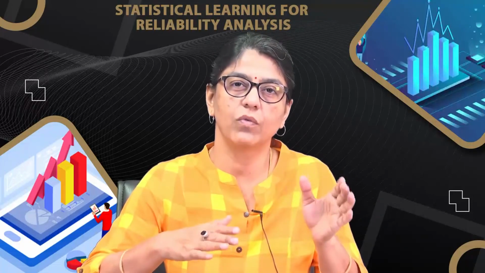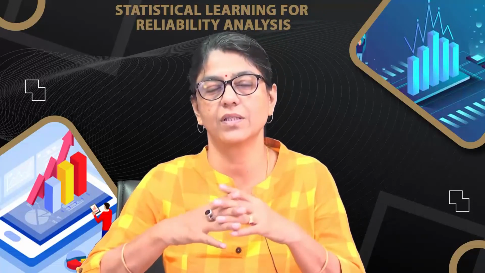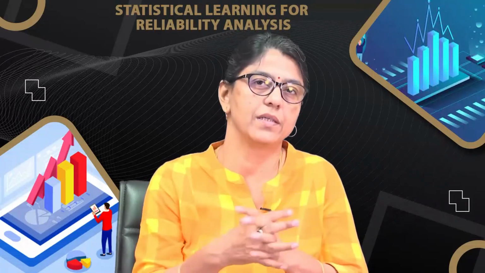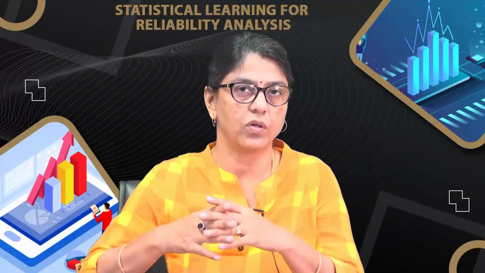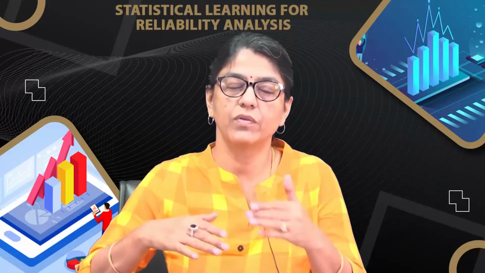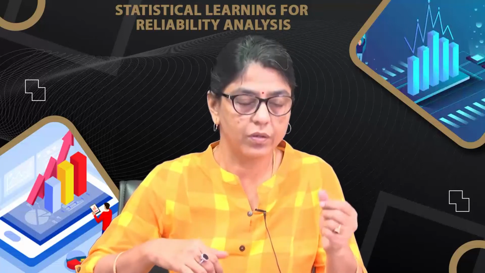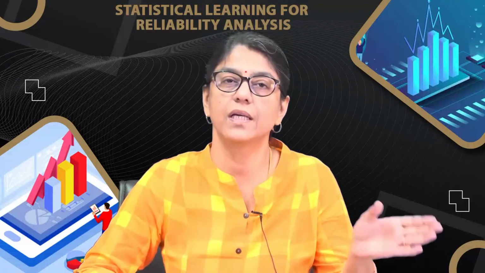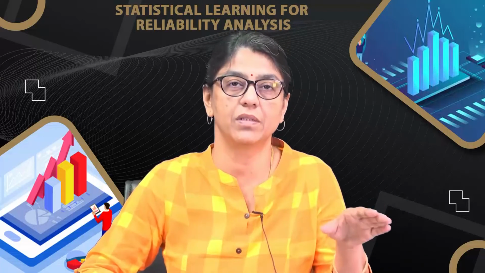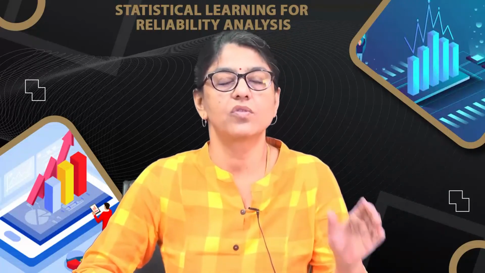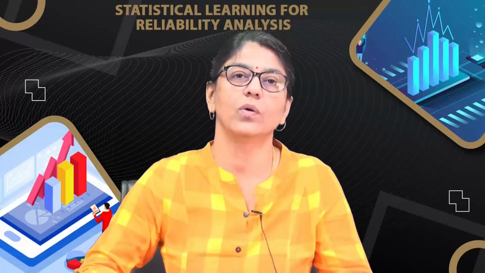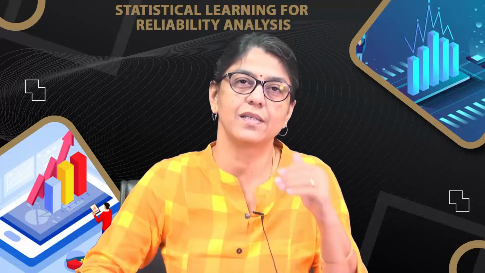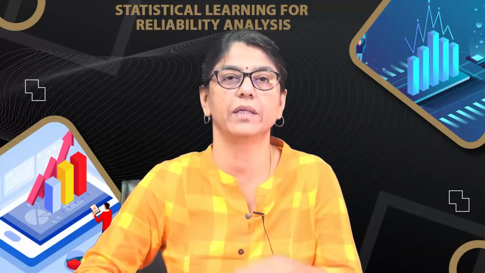Once the child gets this knowledge that this particular animal we call a cat, this particular animal we call a dog, then gradually, when the child grows up, whenever the child sees an animal whose label the child already knows, the child can identify, okay, this is a cat, this is a dog, this is a cow, whatever it is. So this classification starts from the very beginning of our life.